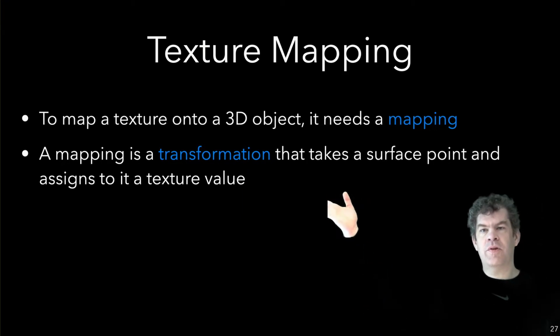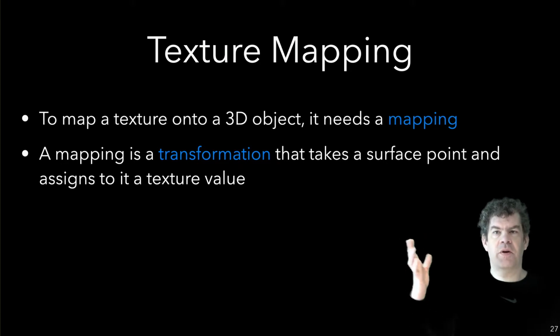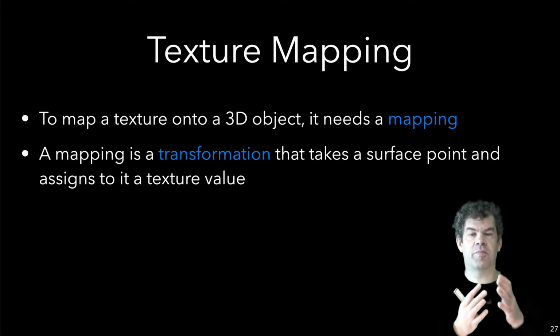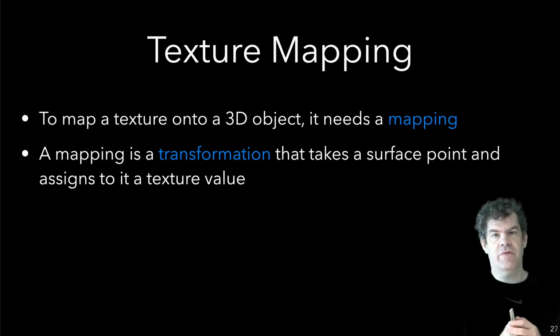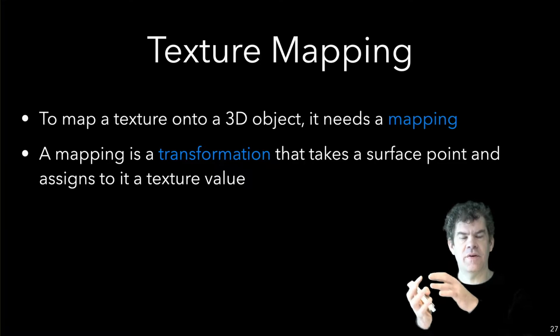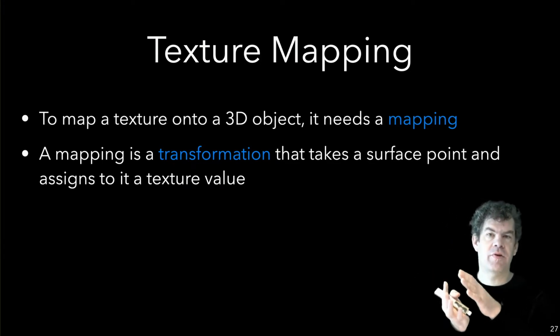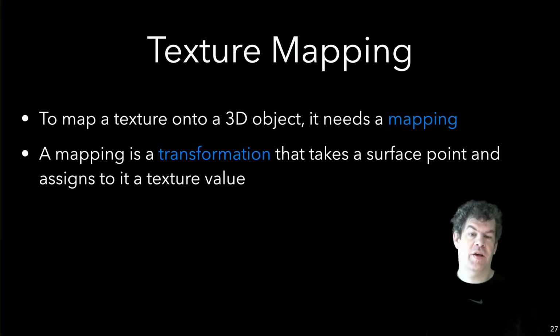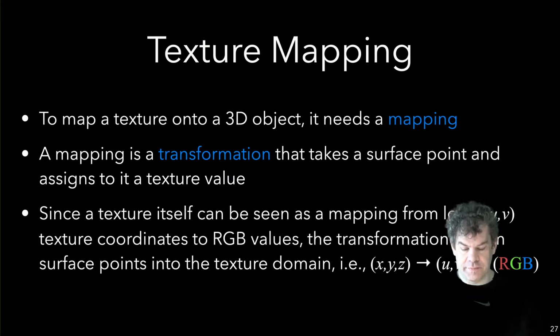So, what's a mapping? A mapping is a transformation, and in this particular case, it's a mapping from a surface point to its texture value. It's just a coordinate that we set, and that coordinate coincides with a vertex. A vertex might have a texture coordinate, and that coordinate says how we transform that point into texture space, and then ultimately look up the value. Since the texture itself is also a function, this ends up being a double function application.